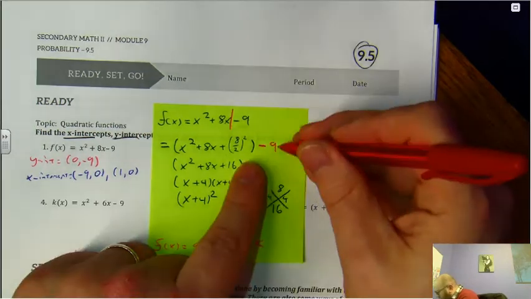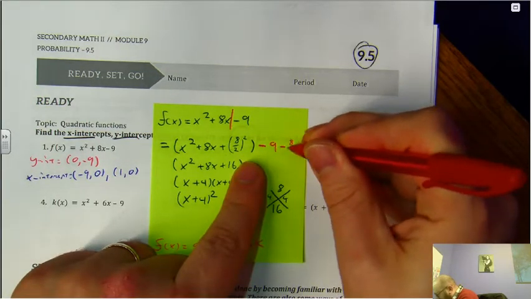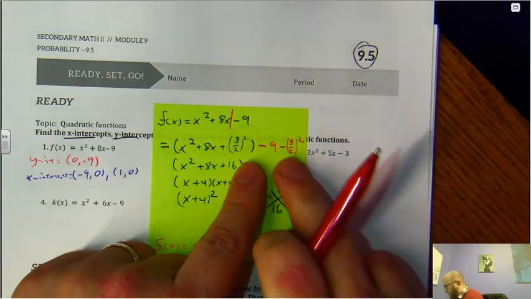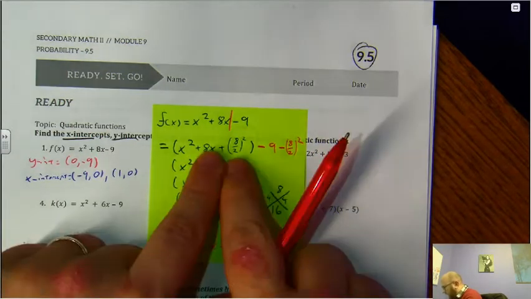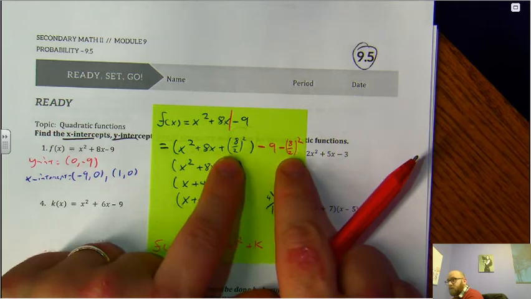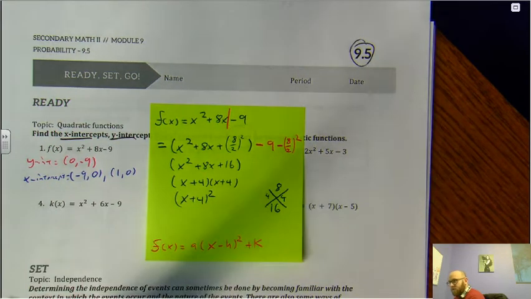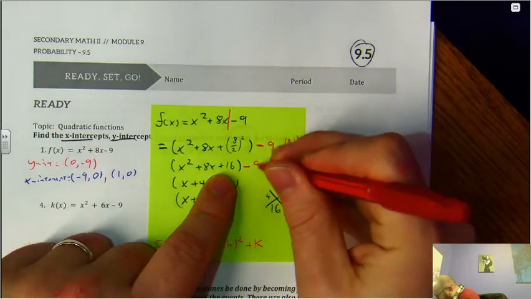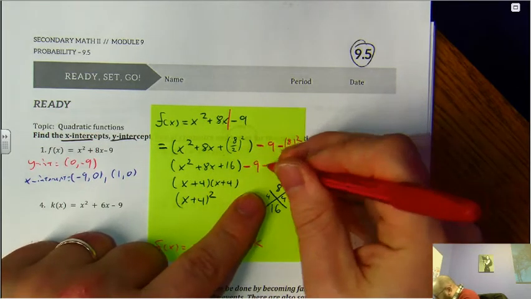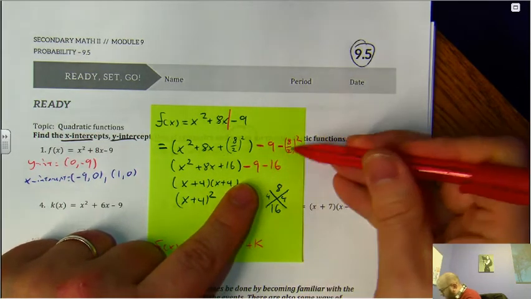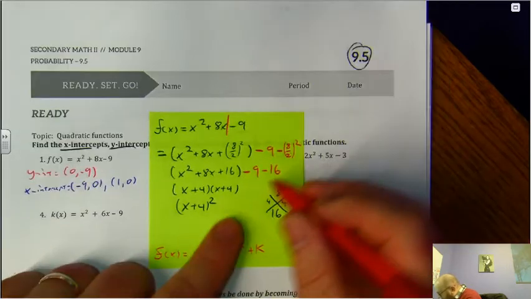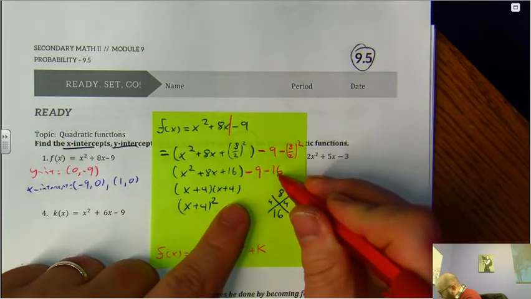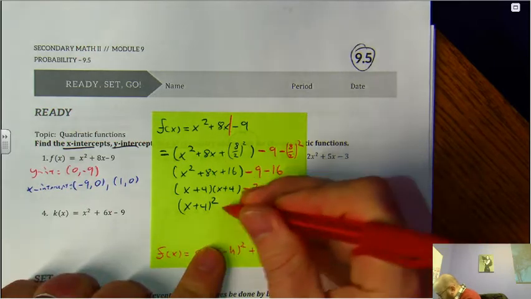So I actually need to subtract that (8/2)² from that −9. I added it, I subtracted it on the same side of the equation, therefore it's a net change of 0. So here I still have that −9. Here I wrote it as a plus 16, so I have to write that as a minus 16. These are saying the same thing. So really, −9 minus 16 is minus 25.